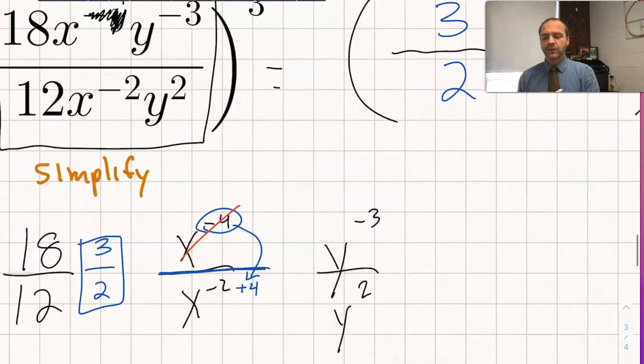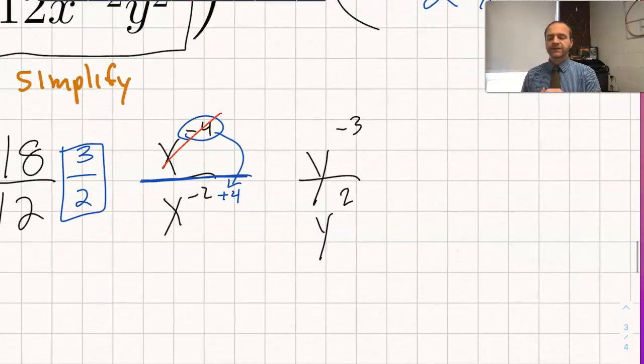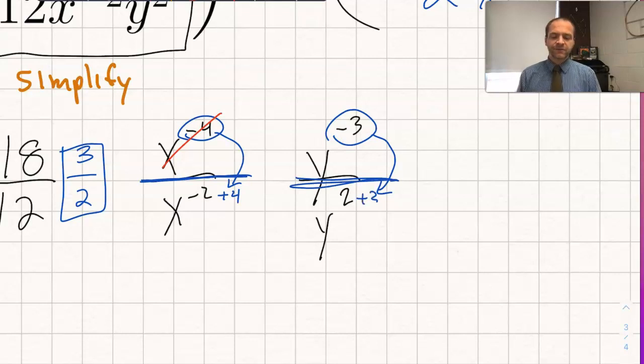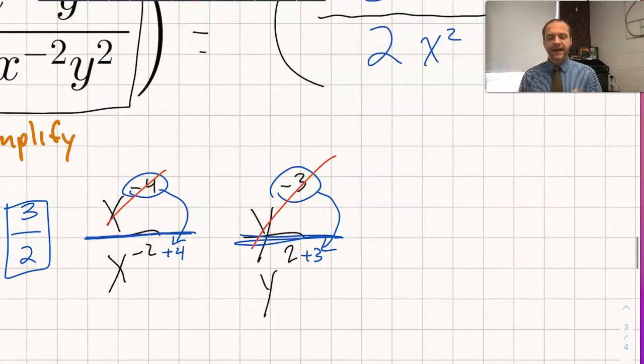That gives me an x squared on the bottom. If I look at this one, I have a y to the negative 3rd and a y squared. Which one's smaller? Well, negative 3 is smaller than positive 2. I'm going to move that to the other side of the fraction bar by doing the opposite operation, which means adding 3. That allows me to get rid of it. And that means on the bottom, I have a y to the 5th.